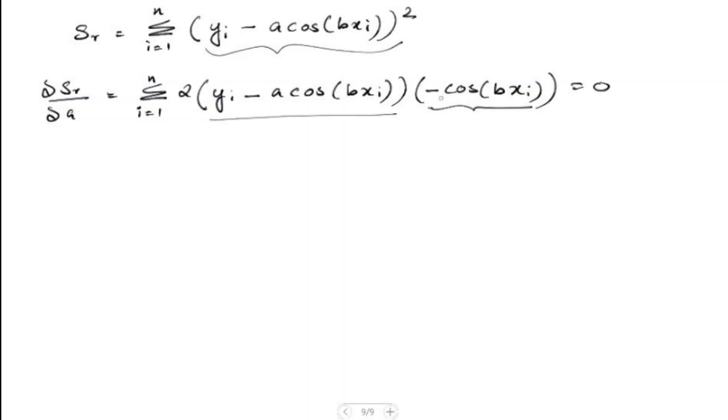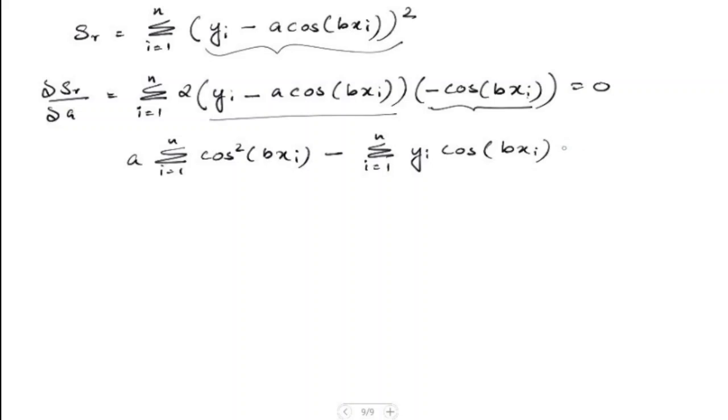If you multiply the minus cos(bxi) in, minus times minus is plus, so we can write it by taking the constant a outside: a times the summation from i = 1 to n of cos squared(bxi), minus the summation from i = 1 to n of yi times cos(bxi), equal to 0.